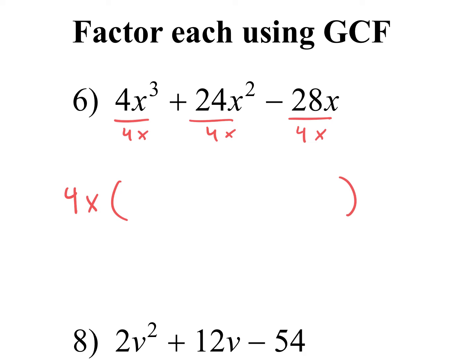Then I divide. What's 4x cubed divided by 4x? Madison, what's 4x cubed divided by 4x? Awesome, x squared. Maya, what's 24x squared divided by 4x? 6x, perfect.